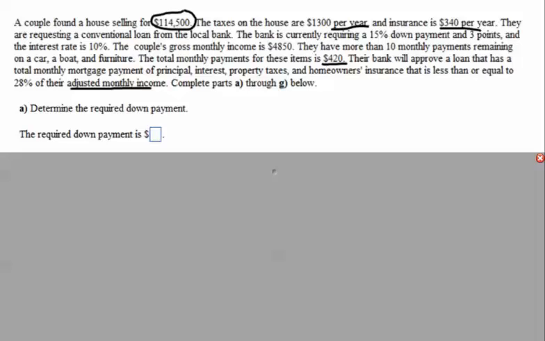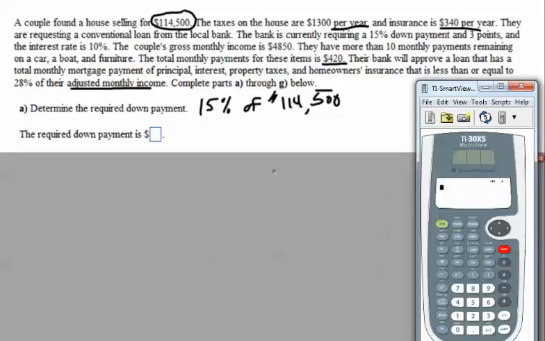Well, recall the down payment for this bank is 15% of the selling price, and the selling price is $114,500. So we want to find 15% of $114,500. So to do that, we have to convert our percentage into a decimal and multiply by the total amount.